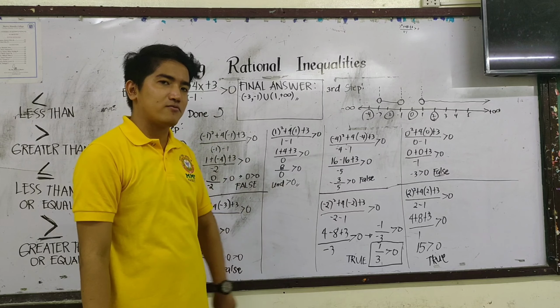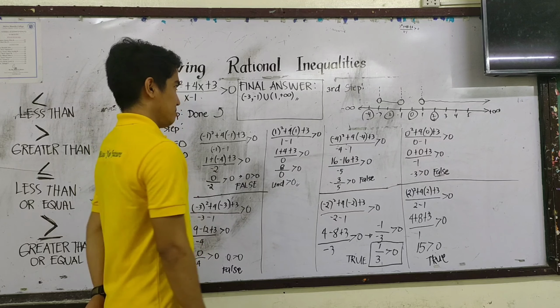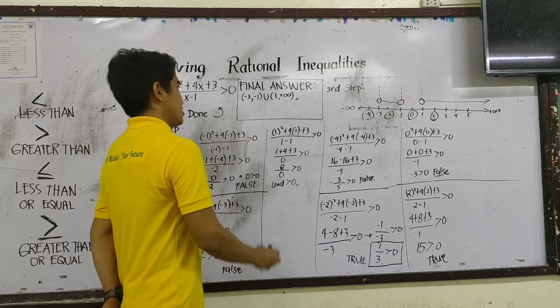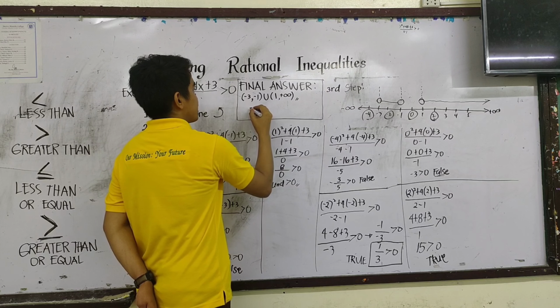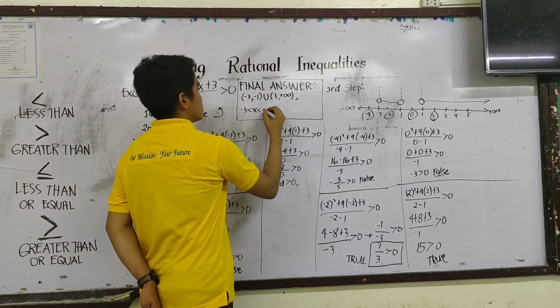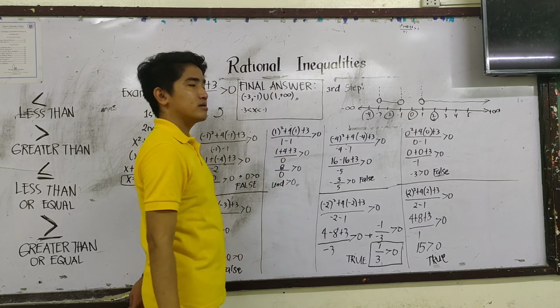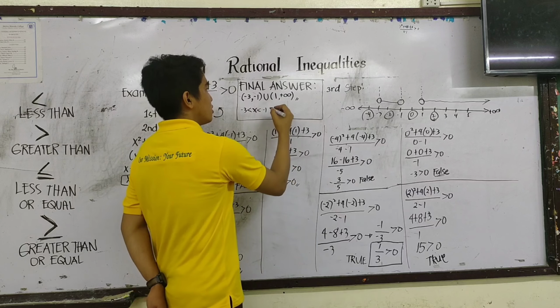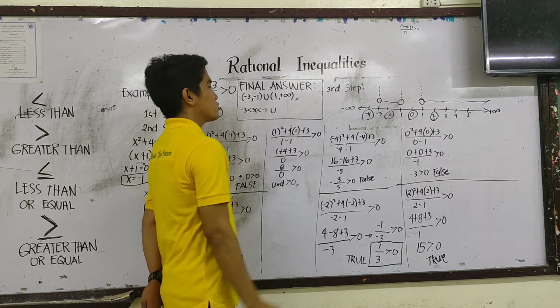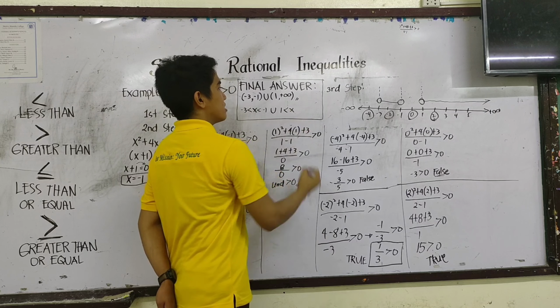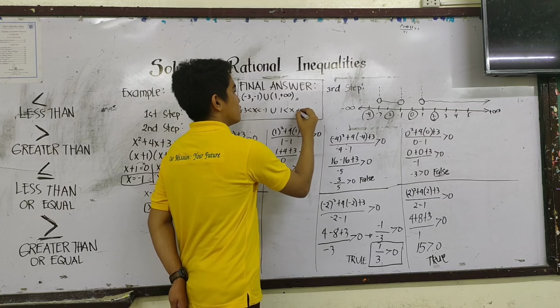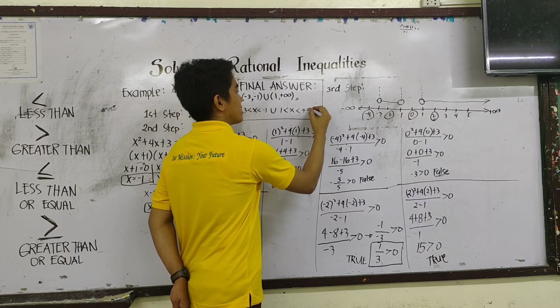Pero pwede rin natin siya i-convert sa inequality. So, by inequality, we have x is greater than negative 3 but less than negative 1. Okay? Union, x is greater than 1 but less than positive infinity.